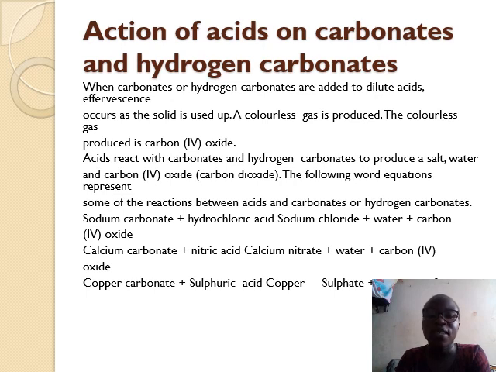Next is calcium carbonate plus nitric acid, which gives calcium nitrate plus water plus carbon dioxide. Next is copper carbonate plus sulfuric acid, which gives copper sulfate plus carbon dioxide plus water. So we've noted that when acids react with carbonates, they give out a salt plus water plus carbon dioxide.